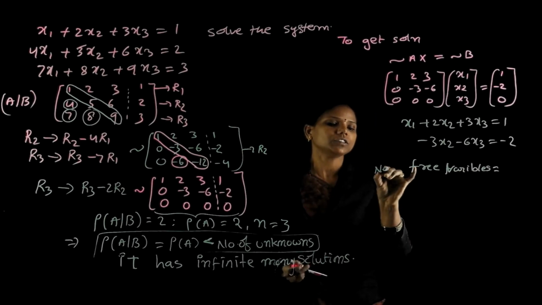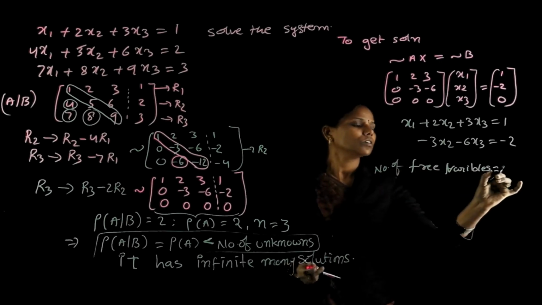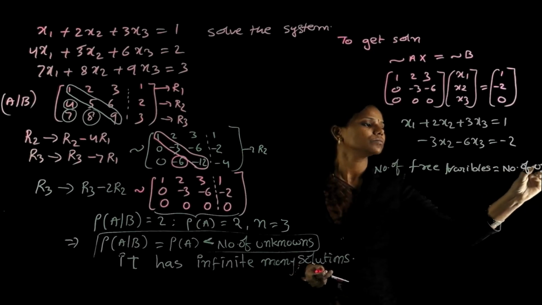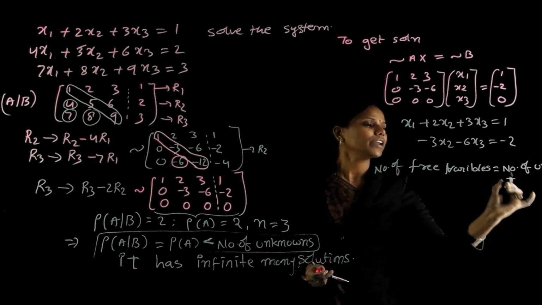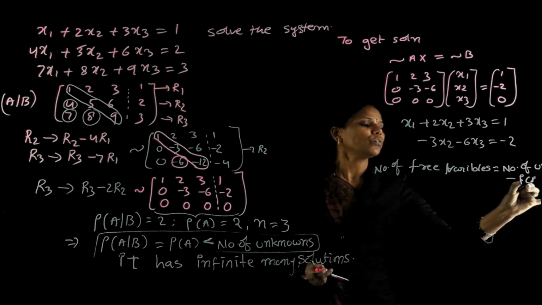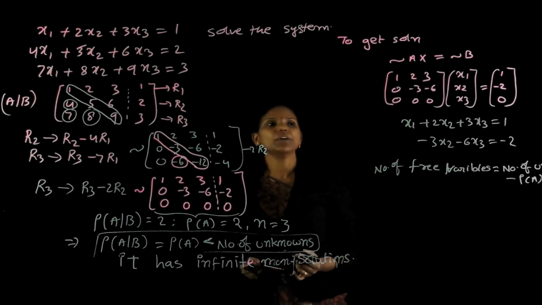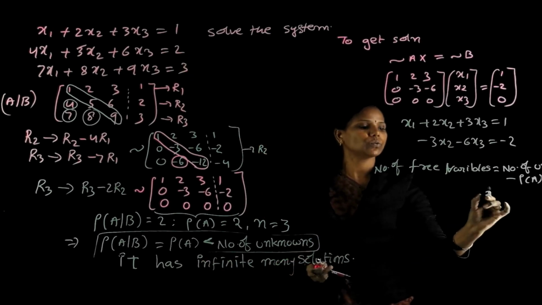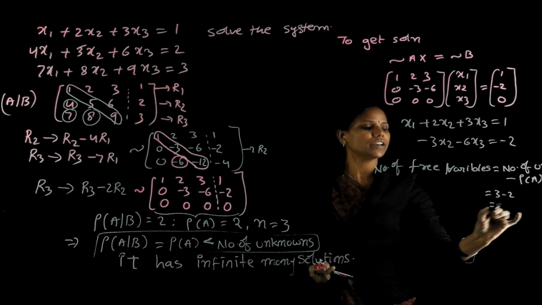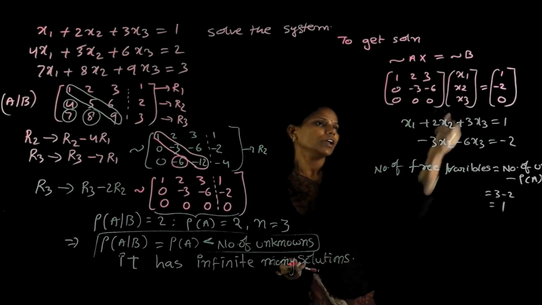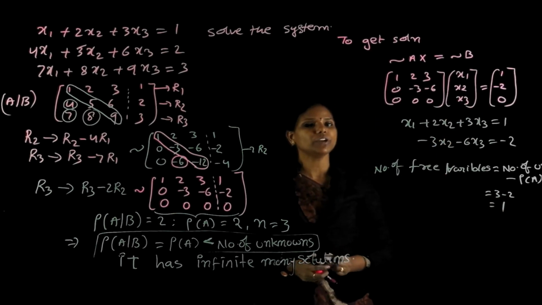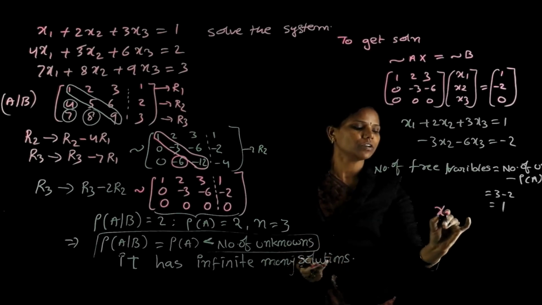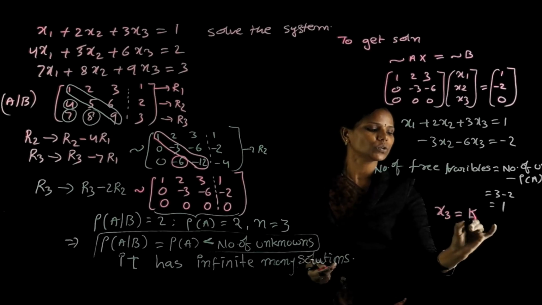The number of free variables equals the number of unknowns minus the rank of A. In this system, the number of unknowns is 3: x1, x2, x3. The rank of A is 2. So 3 minus 2, we get one free variable. Among these three, we can take one free variable. I am taking x3 as the free variable and let x3 equal k.